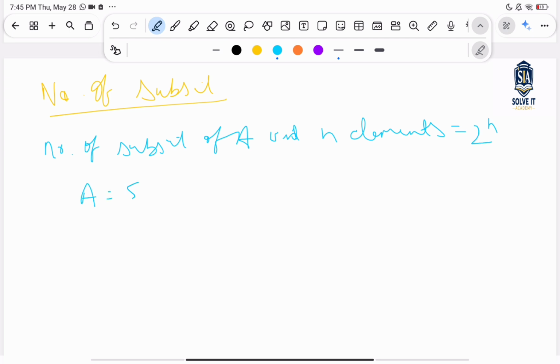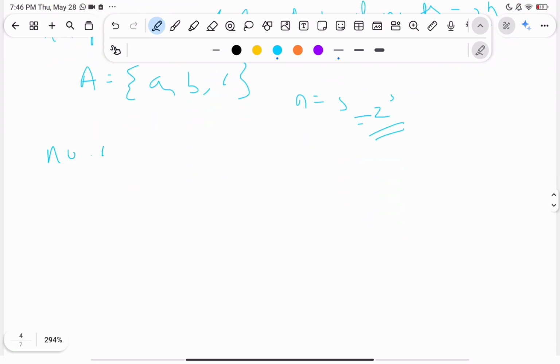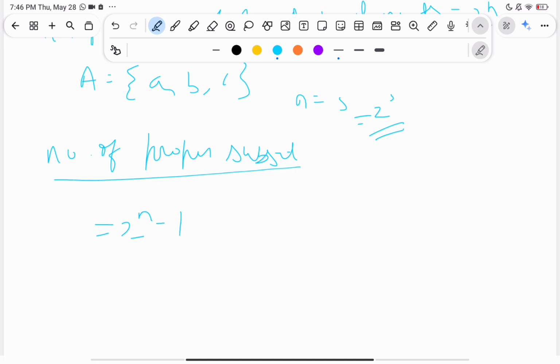If A is equal to {a, b, c}, it has 3 elements, n is equal to 3, so 2 to the power of 3. The number of proper subsets is equal to 2 to the power of n minus 1, because 1 is the set which is A itself.